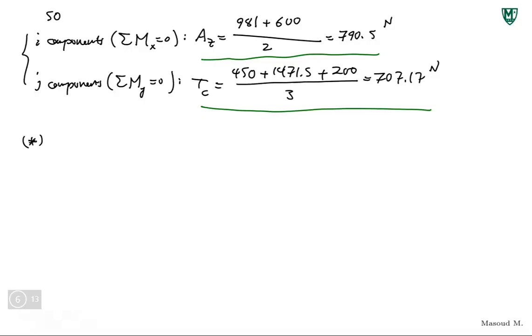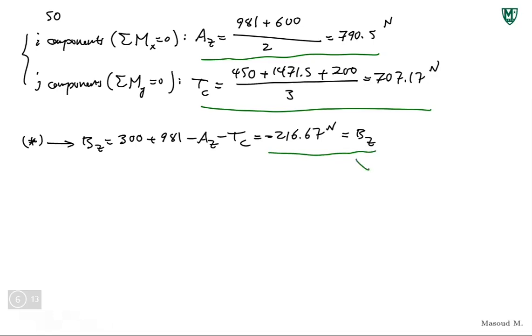So from star, we can find Bz, which would be, things go to the other side, I think the value where there was 300 plus 981, and then minus Az minus Tc. If you do this math, you will get minus 216.67 Newtons. This is Bz.